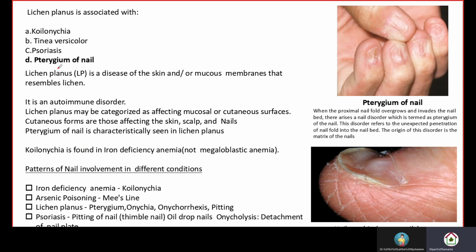First of all, we will see what is pterygium of nail. When the proximal nail fold overgrows and invades the nail bed. Pterygium, we know this term from ophthalmology, invasion of something into somewhere. So in this case, the proximal nail fold invades the nail bed.